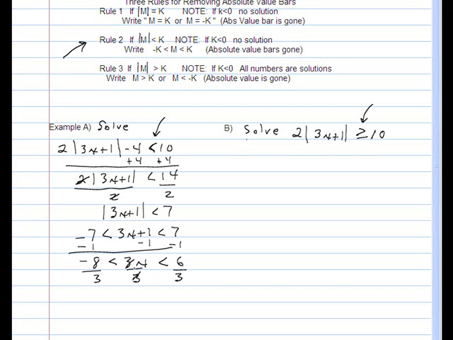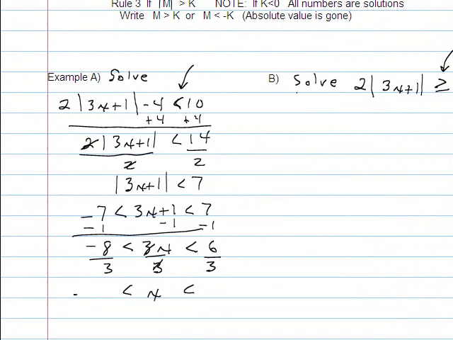The 3's cancel, so in the middle I get x. On this side, I get negative 2 and 2/3. On this side, I just get 2. So x is between negative 2 and 2/3 and 2. Notice the 2 is bigger than the negative 2 and 2/3, and it has to be: small numbers on the left, big numbers on the right when the inequalities point this way.